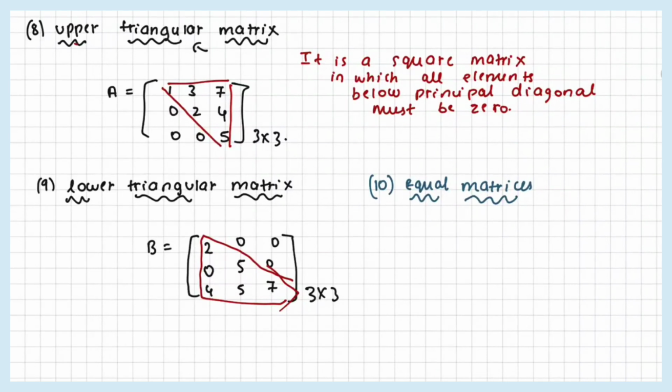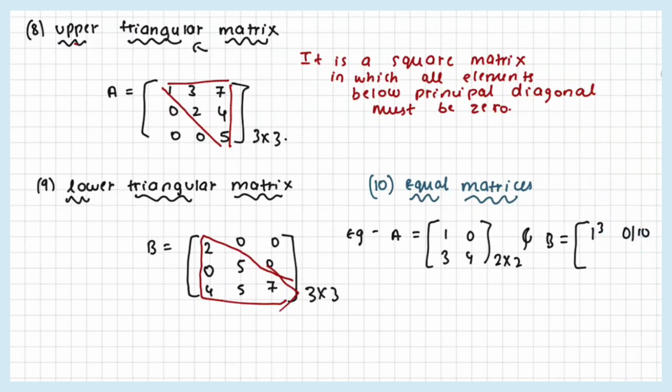First I'll give you an example. A is equal to 1 0, 3 4. So this is 2 into 2, and B is equal to 1 cube, 0 by 10, 6 by 2, root 16.